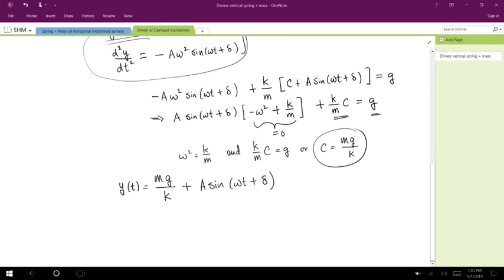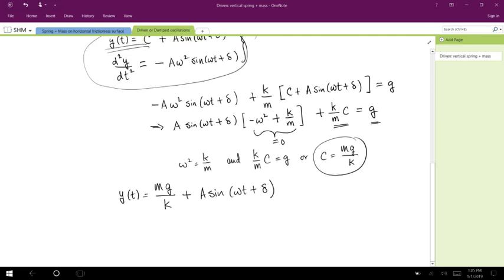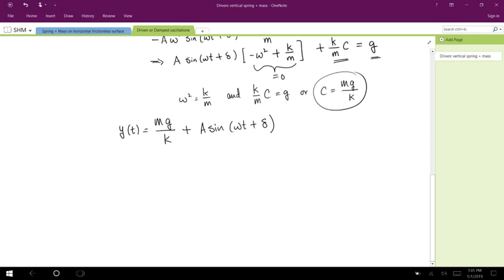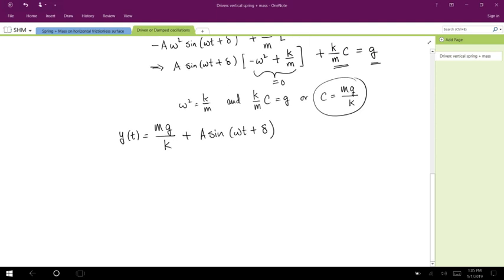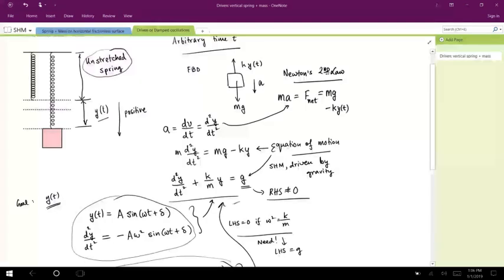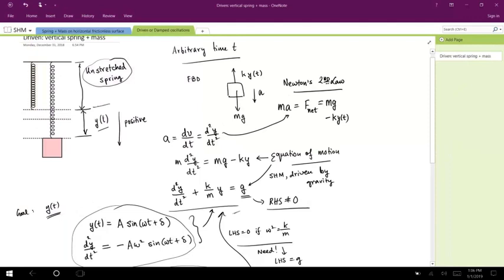Okay, we can go further. Just like in the earlier video, we determine what y of t was at t equals 0. At t equals 0, we had let go of the block when y was 0. So that's the position at t equals 0, so y0 is equal to 0.